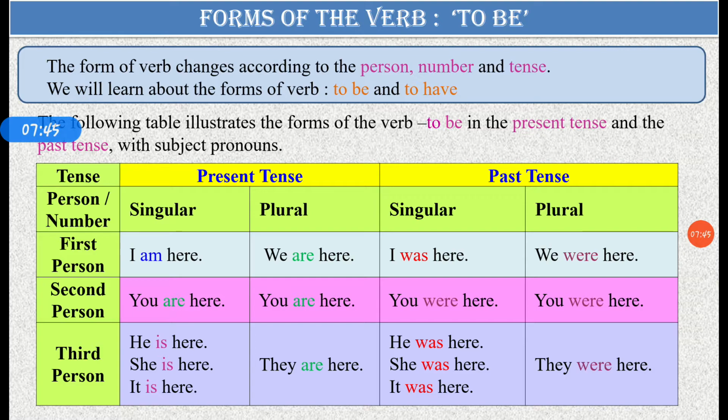Similarly, for the past we use was and were. For singular nouns we use was, and for the plural ones we use were, like I was, we were, you were, he was, she was, it was, and they were.